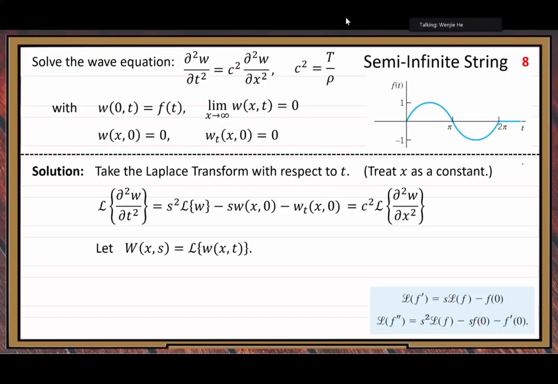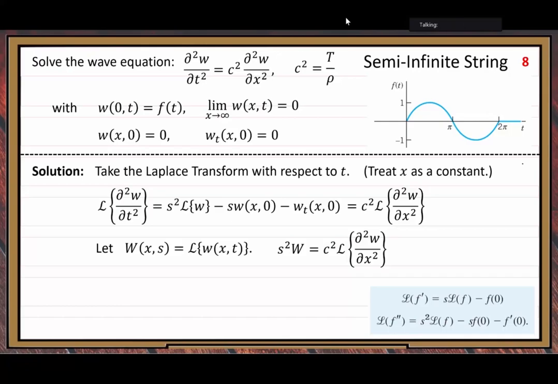Then we use the capital W function to represent the Laplace transform of the little w function. So we can rewrite this as s squared times capital W. Then this part, we need to do some work: L of the second partial derivative of little w with respect to x.